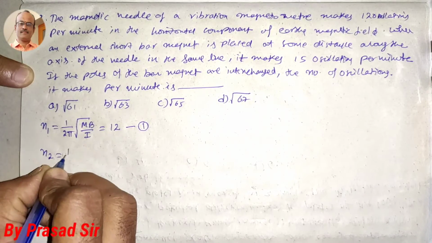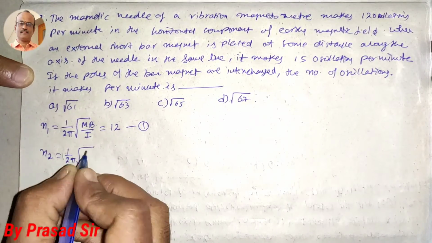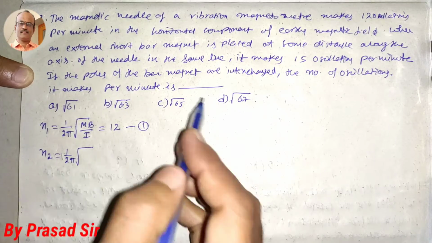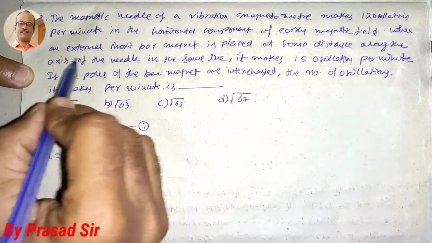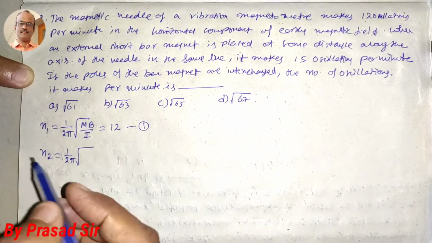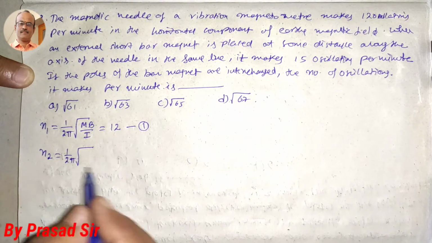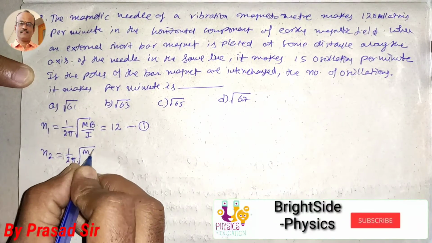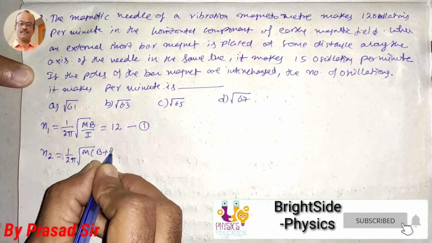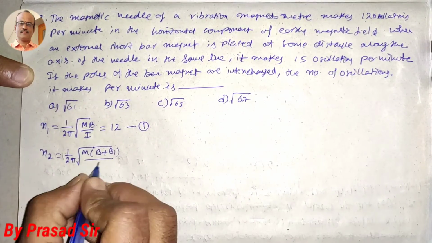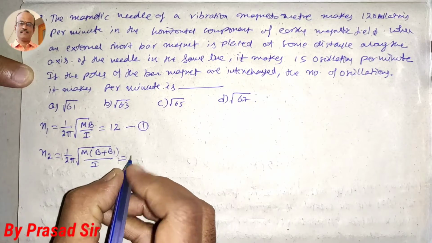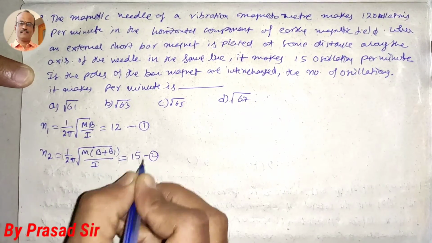Next, the second one: 1 by 2 pi times square root of M into B plus B1 divided by I is equal to 15. When an external short bar magnet is placed at some distance away from the axis in the same line, this is the second one.